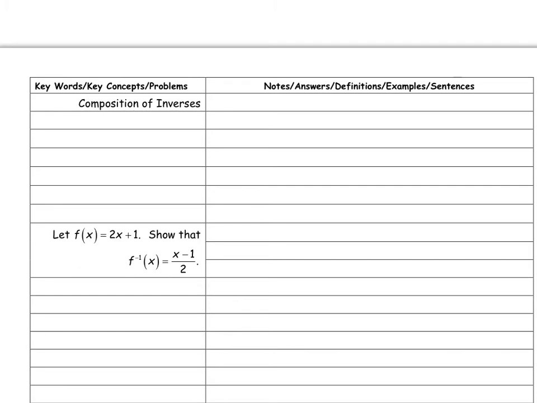So I'm doing f of f inverse of x, and that has to equal x. Or I'm going to find f inverse and put f of x in there, and that equals x. So either I'm putting the inverse inside of f or I'm putting the function inside the inverse of x. And they have to equal x.